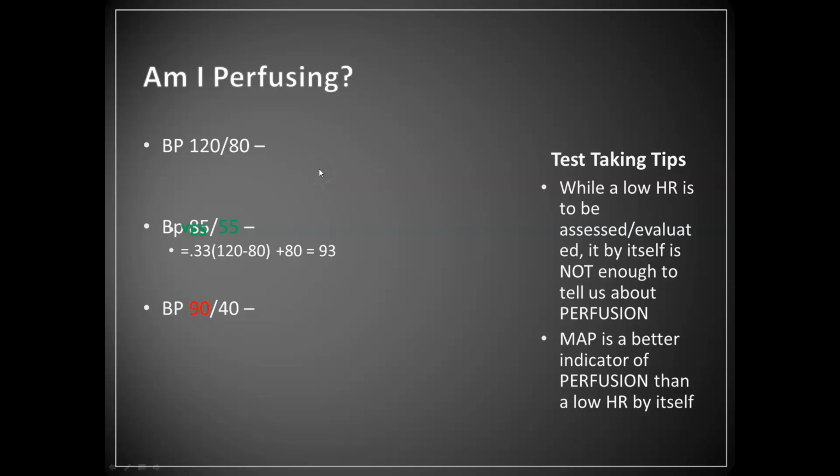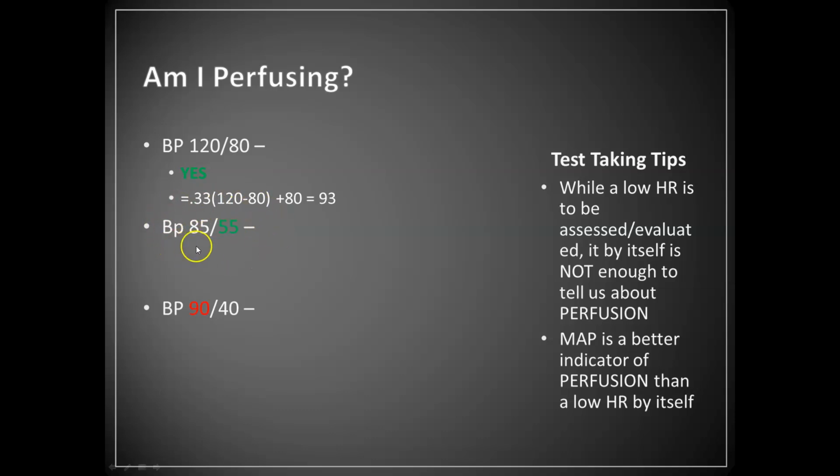Where it becomes tricky is when you have these blood pressures that are close. So am I perfusing a blood pressure of 120/80? Yeah, of course you are. It's 1/3 of systolic minus diastolic, so 1/3 of 40, plus the diastolic. So about 80 plus 13, 93 is your MAP.